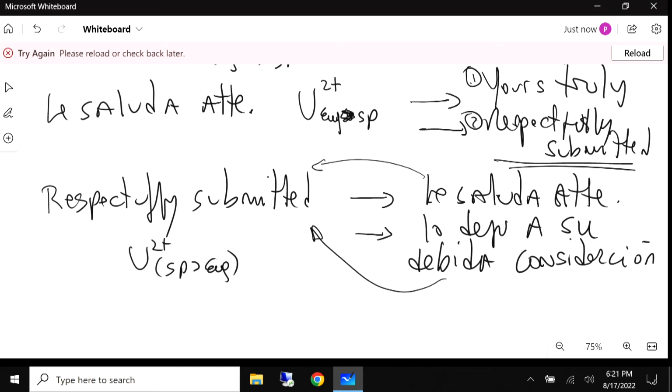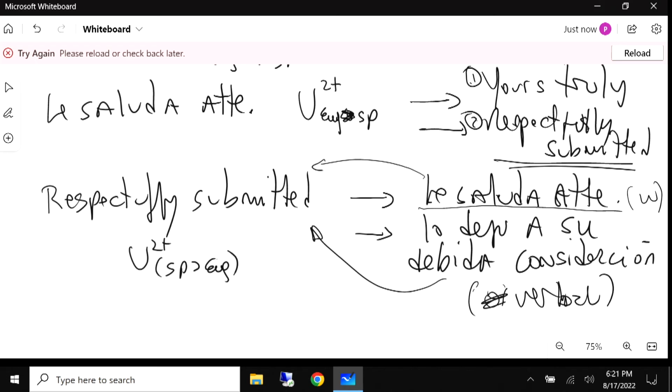for you to know this is part of your filter, of your knowledge, right? You need to know that in Spanish we use "le saluda atentamente" only if it is in writing, whereas we use "lo dejo a su debida consideración" if it is verbal. That's the knowledge that you have.